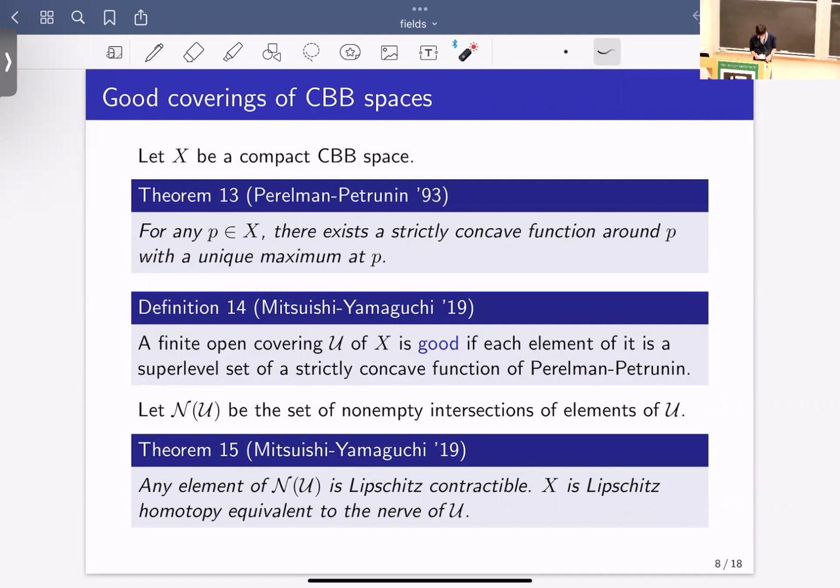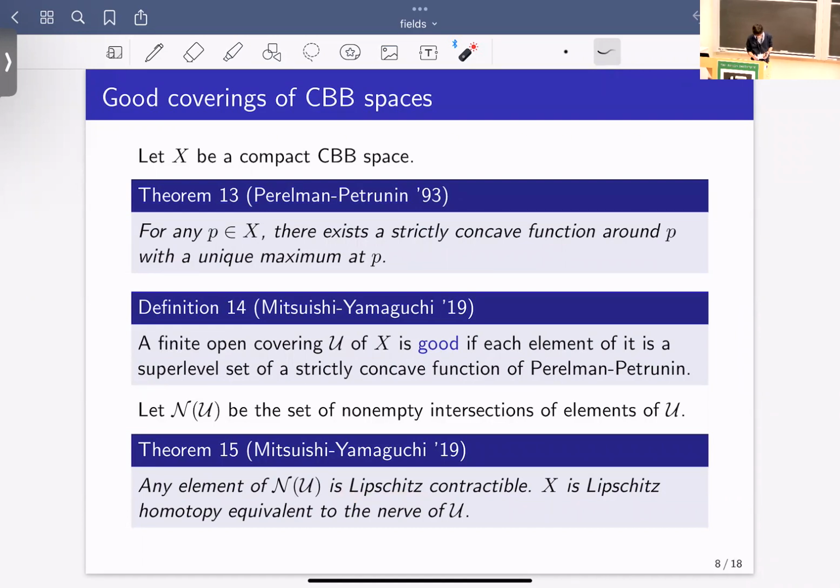Let NU denote the set of non-empty intersections of elements of U. They proved that any such non-empty intersection is Lipschitz contractible. Lipschitz means the homotopy is a Lipschitz map.